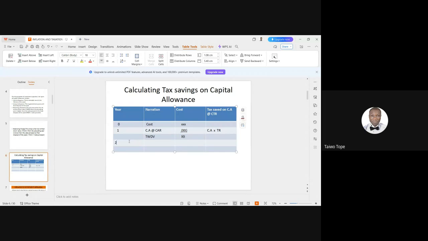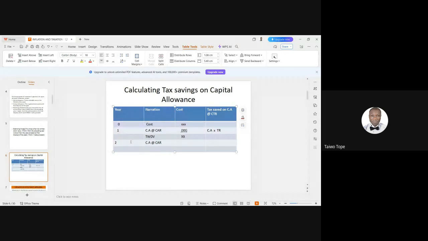As at year two, we have your capital allowance at the capital allowance rate, that is at CAR. So once you do that, you're going to have the capital allowance.